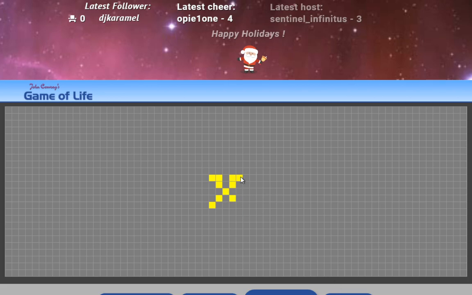My bird's like, okay. I'm starting to feel like symmetry is important. Okay, that's oscillating.